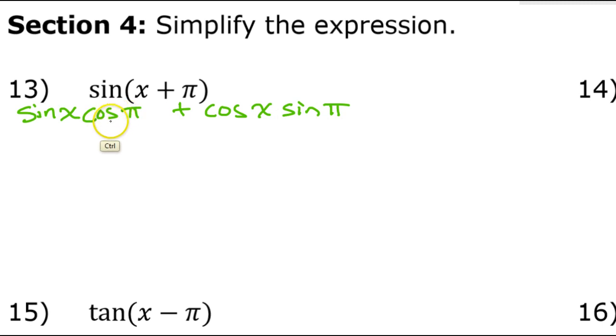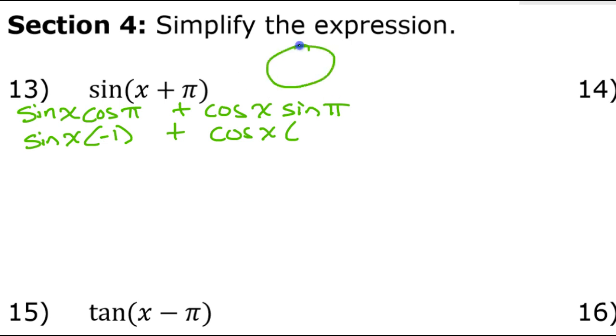Well, the cosine of pi is -1. So this is going to wind up being, well, maybe I'll just show this step. I have sine x times -1 plus cosine x times the sine of pi. Remember, pi on the unit circle is right here.